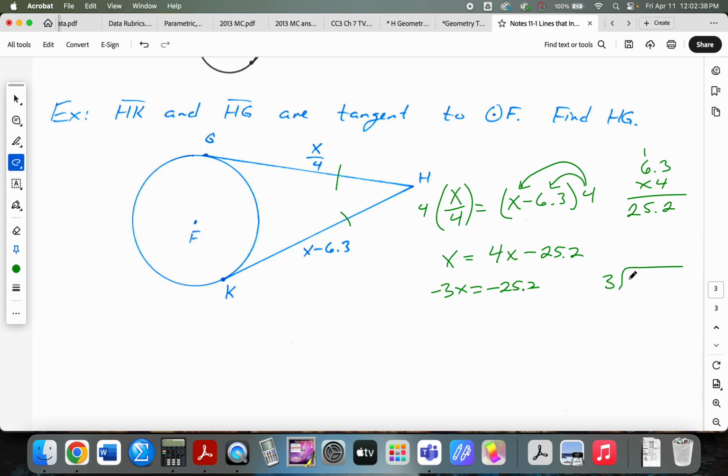We'll divide 3 into 25.2. So it's going to go 8 times. Subtracting, that's 1, bring down the 2. 3 goes into 12 4 times. So x is 8.4.